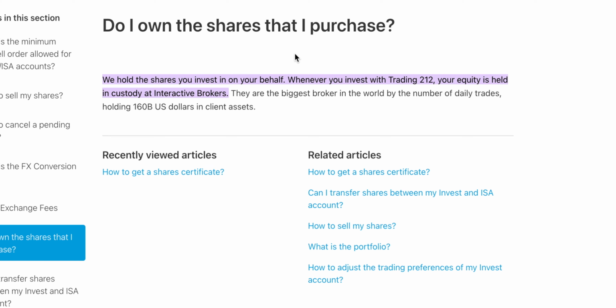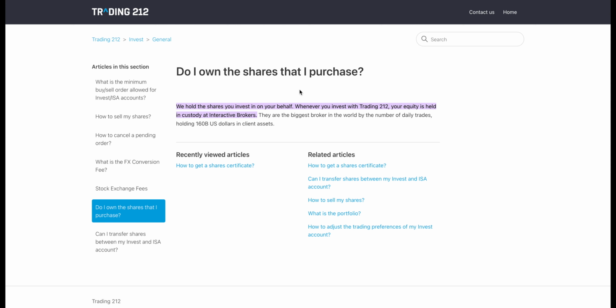They actually go on to say that they are the biggest broker in the world by the number of daily shares, holding 160 billion US dollars in client assets. And so the key point here is that when you use Trading 212, the shares are not held under your name. That's a less than ideal situation, given that when you buy into these shares, you really want to be the owner of these shares in the event that any issues take place.